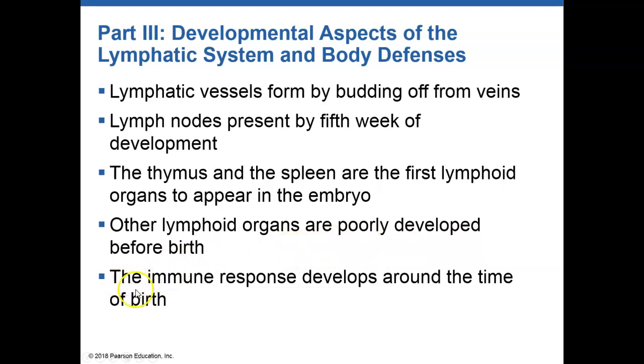Once we are born, the immune system and the organs get fully developed. The immune response starts to develop as we come in contact with pathogens. So little infants are much more prone to infections when they are young because they have to build up their immune system, which is why that thymus has to be so large.